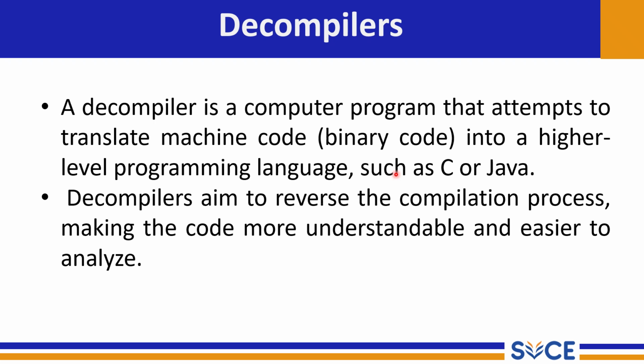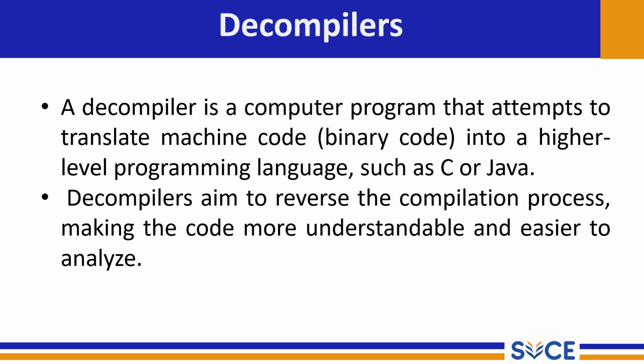And next one, .NET Reflector. It is also another popular tool for decompiling .NET code. And next one, the JEB, that is a Java decompiler. That is a commercial decompiler for Java and other languages. Okay. So this is an intro of the decompiler.